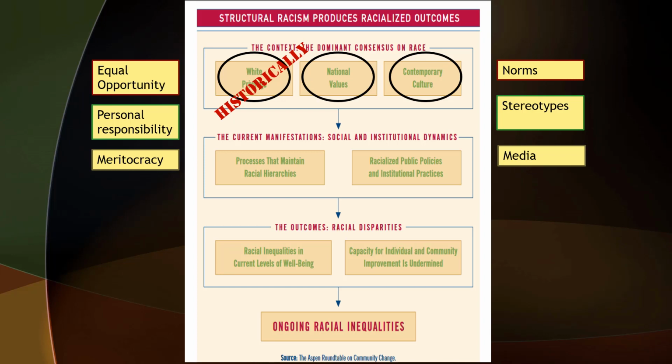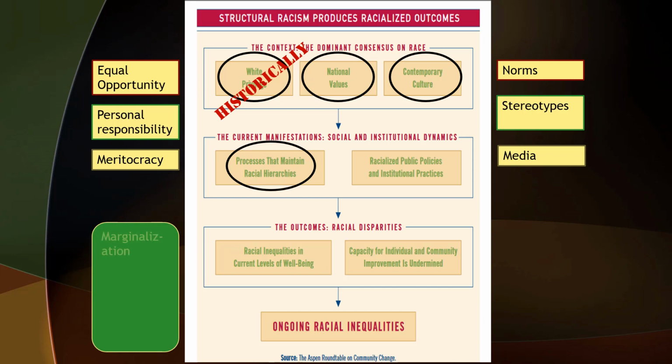In terms of current manifestations, we're going to discuss processes that maintain racial hierarchies. These are marginalization, exclusion, exploitation, and sorting. When it comes to racialized policies and institutional practices, those are the embedded racism pieces that I was talking about in the critical race theory video.